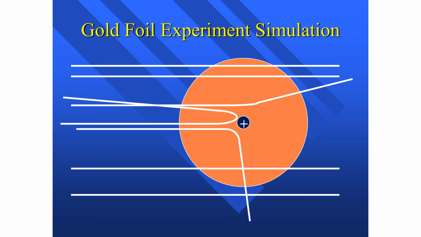And they knew that the alpha particles were positive, right? And so positive doesn't like positive, and so that's how they figured out that the atom had a very, very tiny positive center. So our idea of the atom changed again.